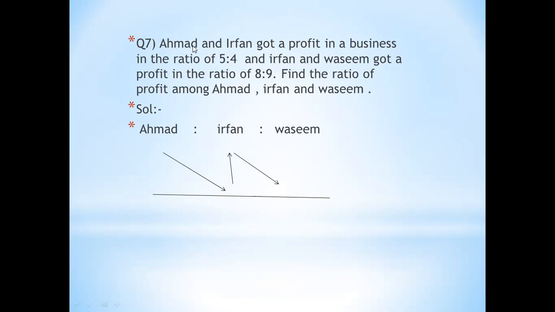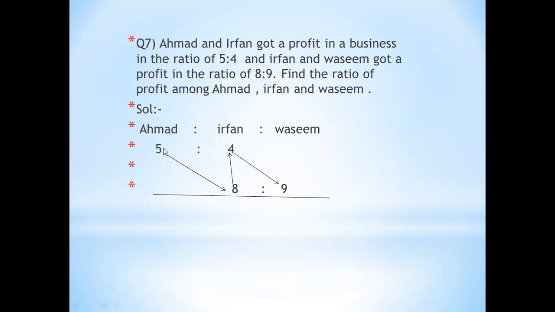So look, Ahmad and Irfan. The first ratio is 5:4, so the 5 value is for Ahmad and the 4 value is for Irfan. Then Irfan and Wasim. The first value in the second ratio, 8, is for Irfan and 9 is for Wasim.